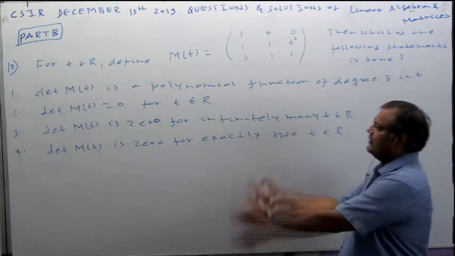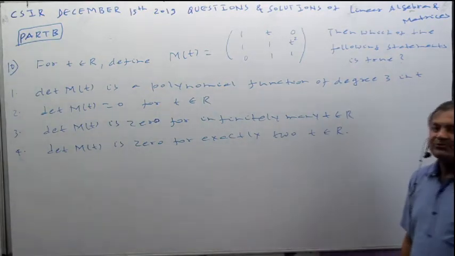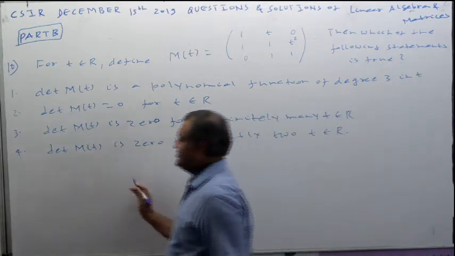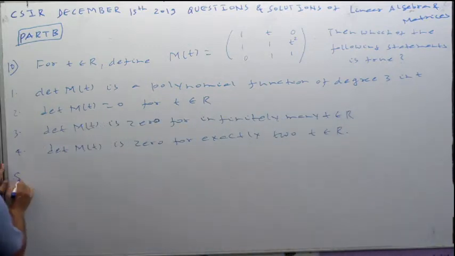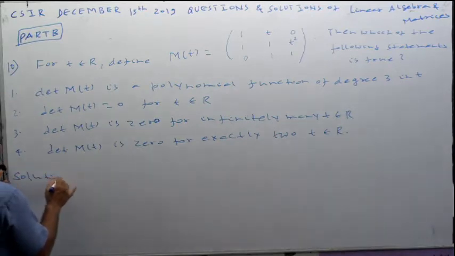Now this is so simple that the only thing you have to do is find the determinant of M_t. So in the solution, I don't think that you feel any type of trouble.